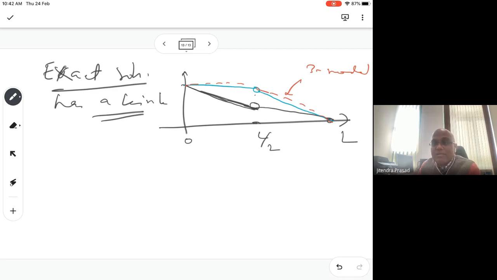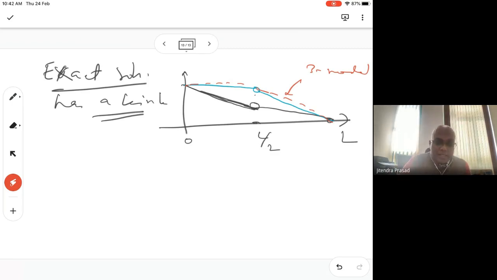Because of E, the strain will be different, because material property affects the strain. That means the slope will change. That only tells you the slope will change. But when you are giving a higher order polynomial, it will maintain the slope. So only when you have the piecewise polynomial, it has the capability to incorporate the slope as well. Accordingly you have to give.